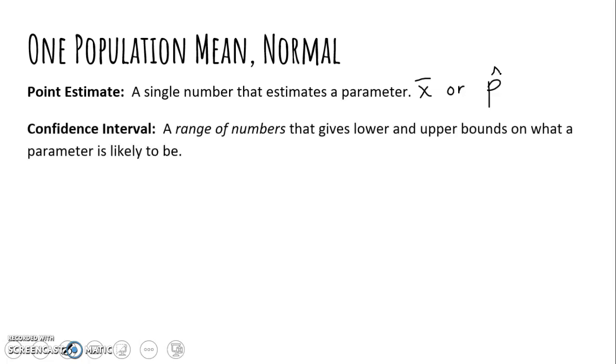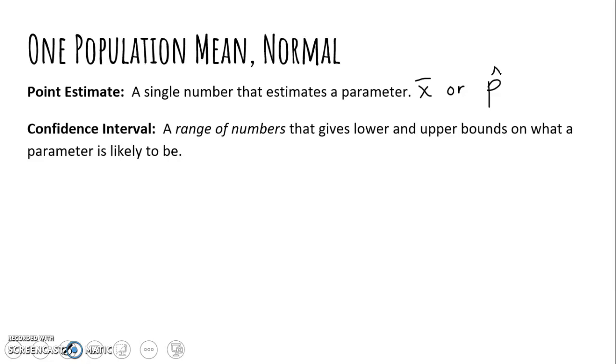We're going to use the point estimate to calculate a confidence interval. That's what this whole chapter is about. A confidence interval is a range of numbers that gives a lower and an upper bound on what a parameter is likely to be. So you could say, for our confidence interval, the mean can be anywhere between 19.8 and 20.2.